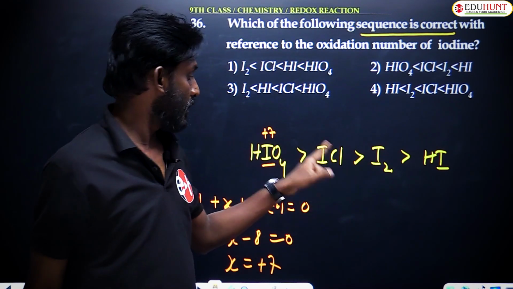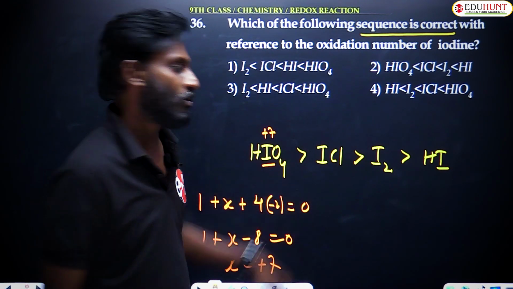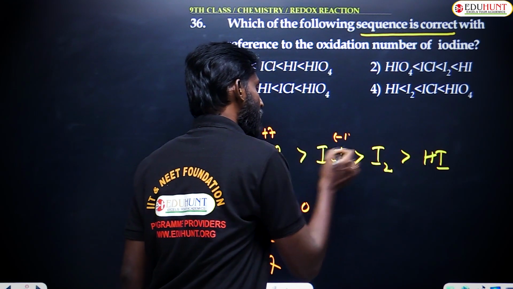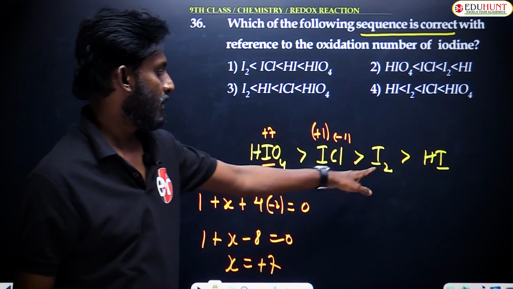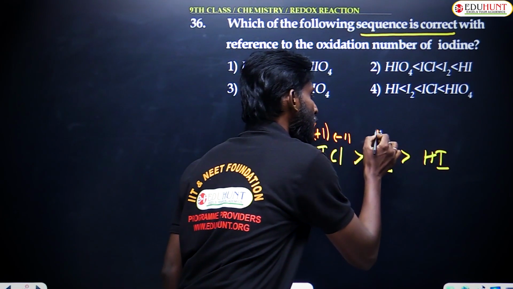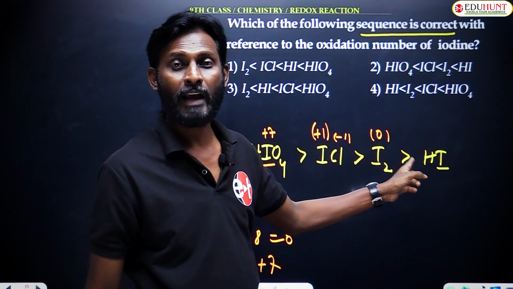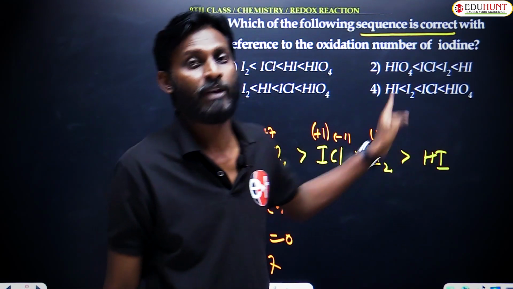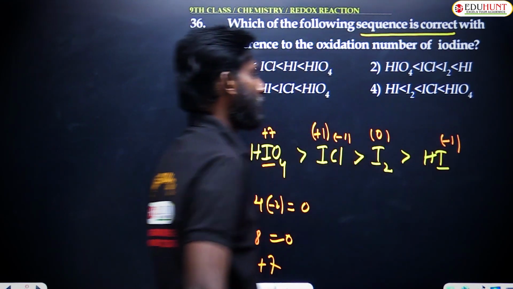But compared to iodine, chlorine is more electronegative. So chlorine will be in -1 state, iodine will be in +1 state. And here in the elemental form, iodine is in 0 state. And in HI, compared to hydrogen, iodine is more electronegative. So iodine is in -1, right?